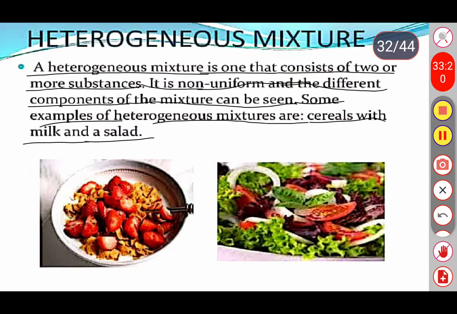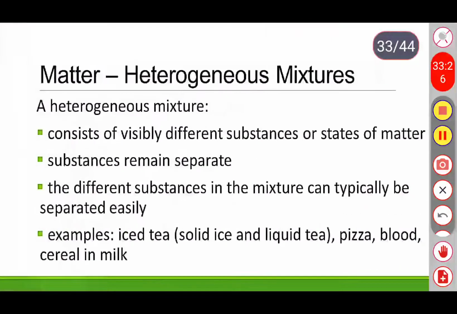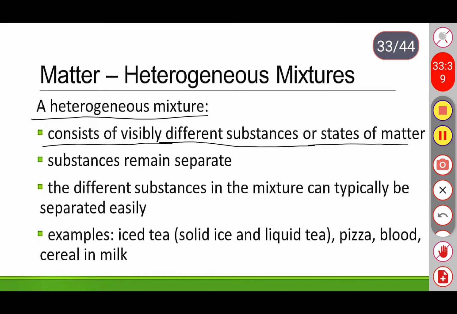See the next one, some information is given about the heterogeneous mixture here. A heterogeneous mixture consists of visibly different substances or states of matter. Substances remain separate. We can easily separate the substances which exist in the heterogeneous mixture.